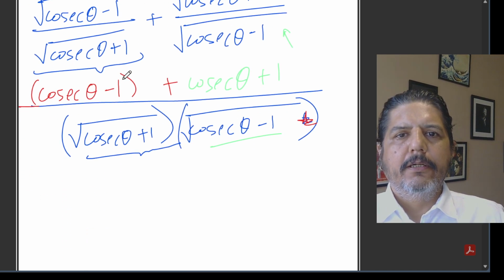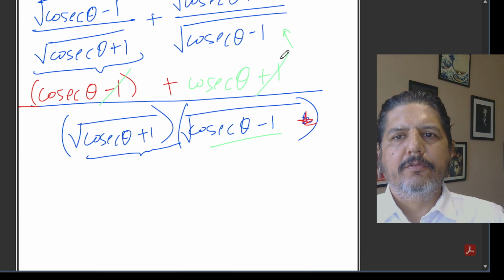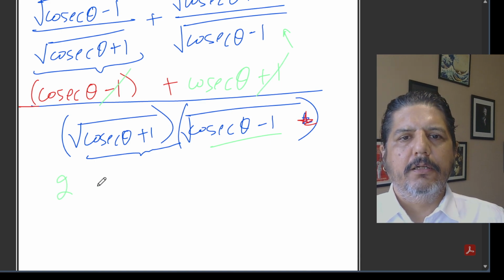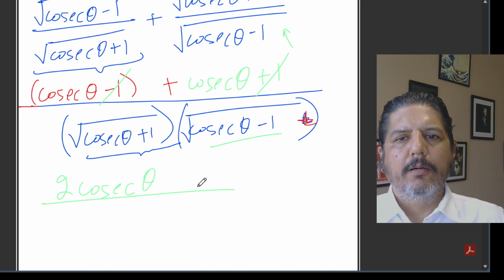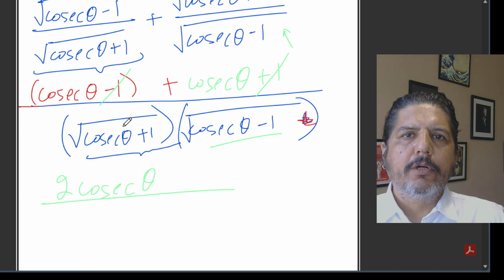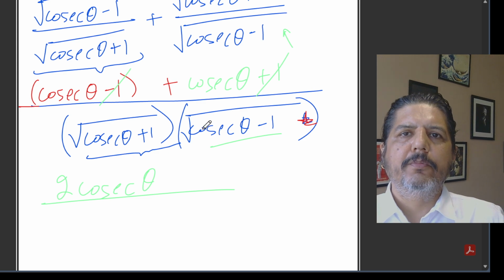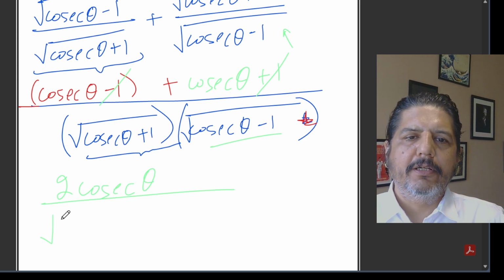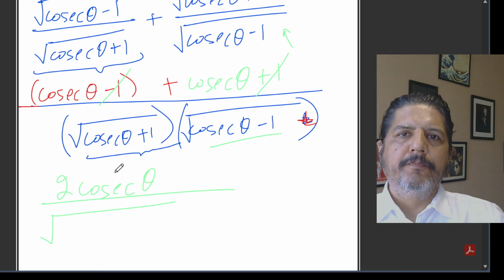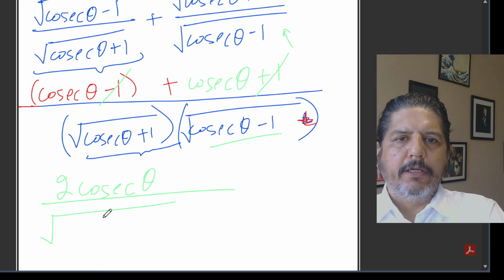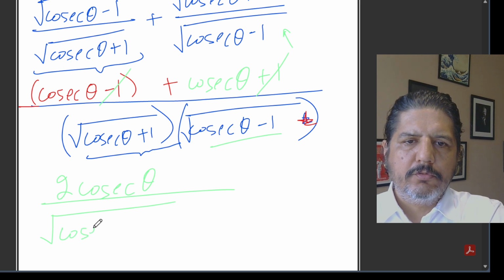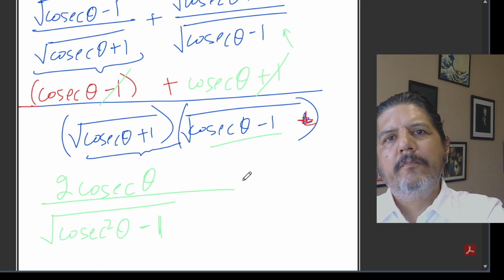Now when we look at the numerator, this minus and minus will get cancelled. In the numerator, I'll have 2 cosec theta upon, now if I look at the denominator, this is a plus b into a minus b. A plus b into a minus b is a square minus b square. This would be under that square root sign, so this would be cosec square theta minus 1.